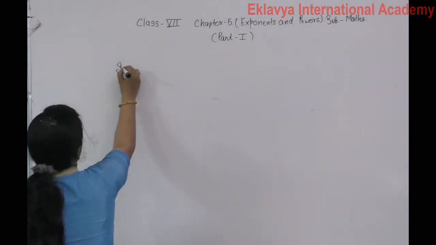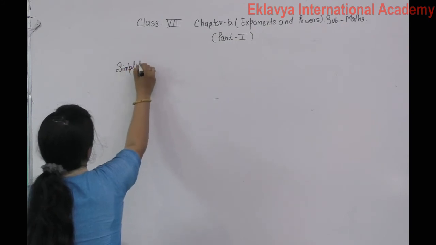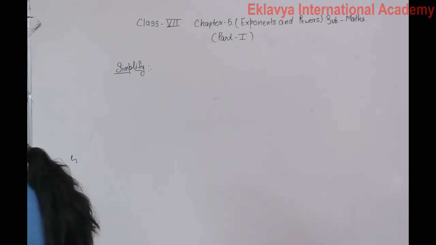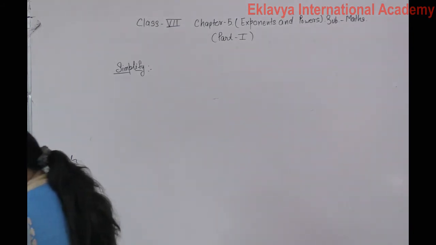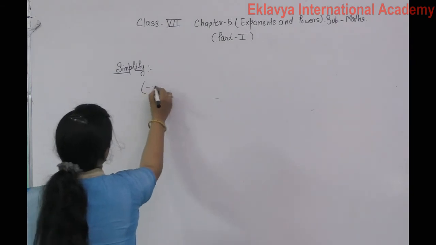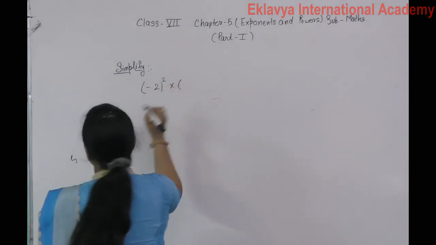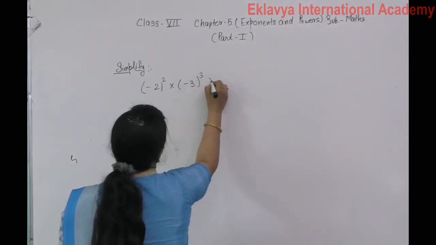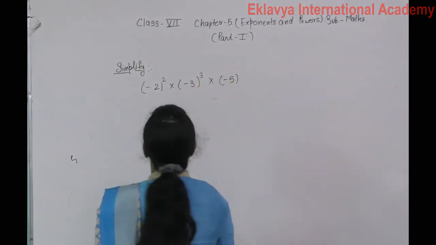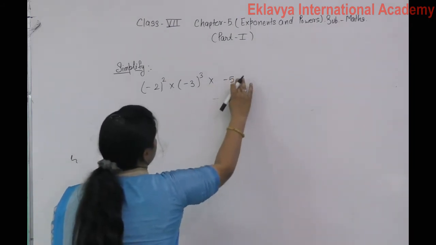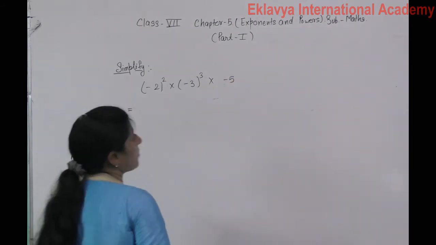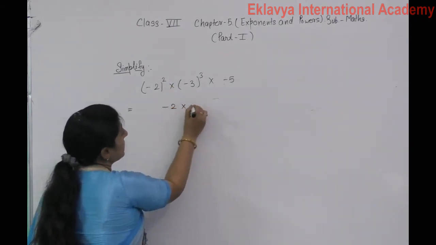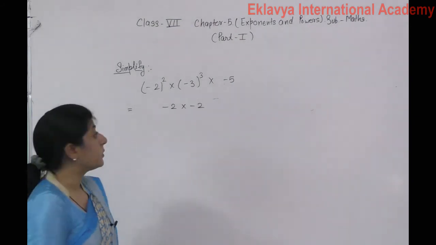So solve it properly. Another example, see. Simplify minus 2 power 2 multiply minus 3 power 3 multiply minus 5. Solve it. Minus 2 power 2 means minus 2 into minus 2.